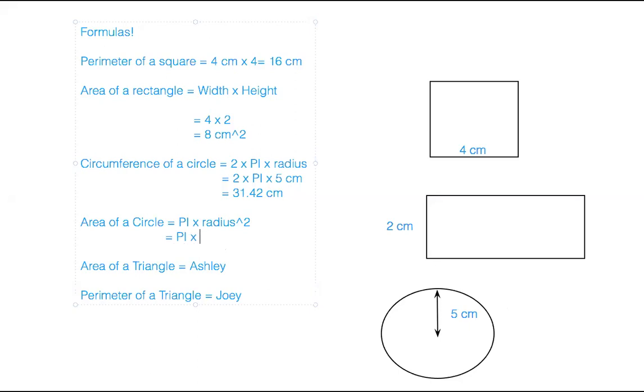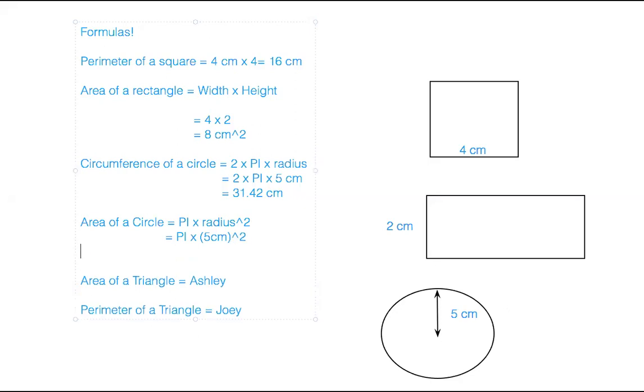Pi times 5 cm squared, correct. What is the value that you get? 78.54. Correct. What is the unit? cm squared. Yes, cm squared, correct.